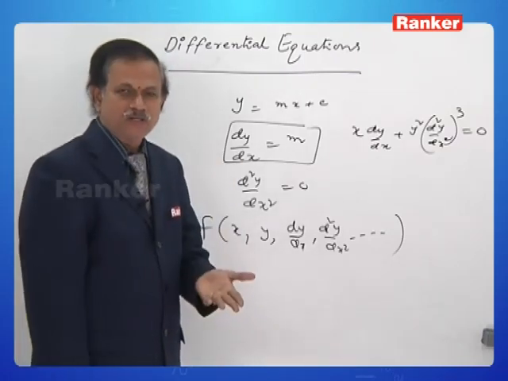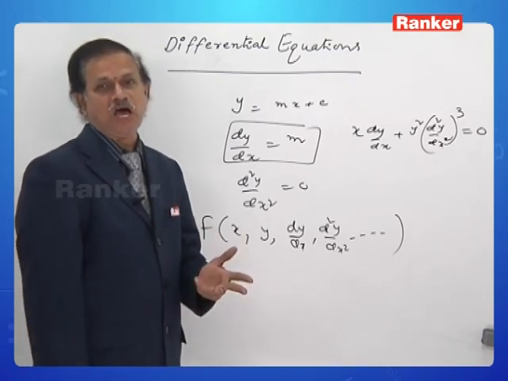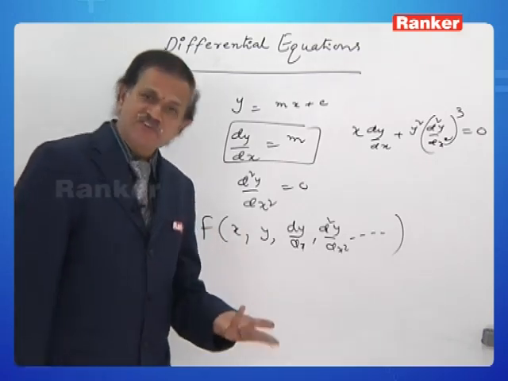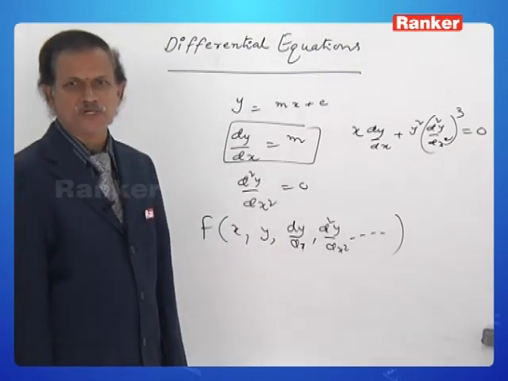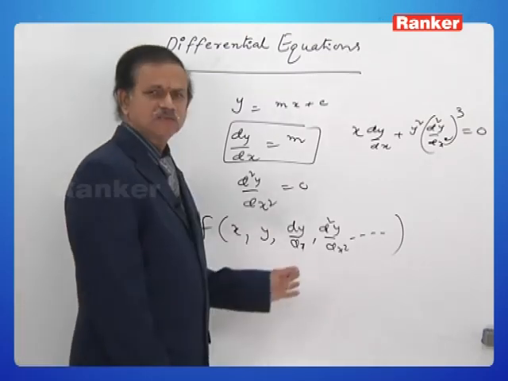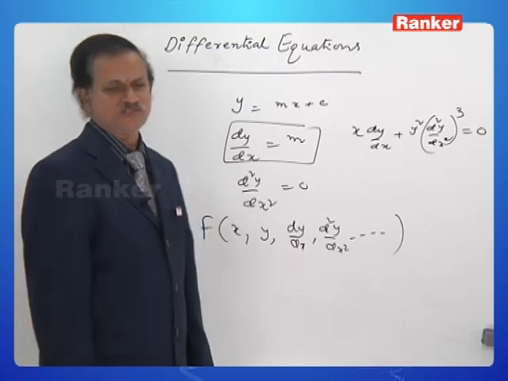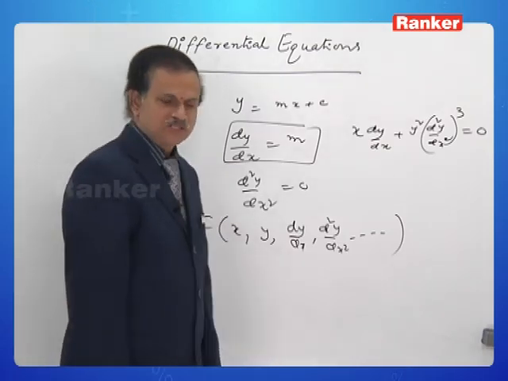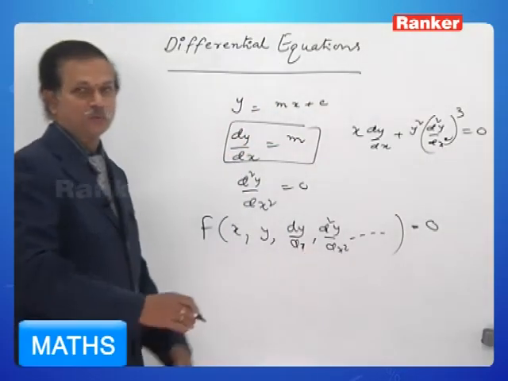That equation in which differentials or differential coefficients are involved is nothing but called a differential equation, in which x, y may be present or may not be present. We are just not bothering about that. Such an equation is termed as a differential equation.